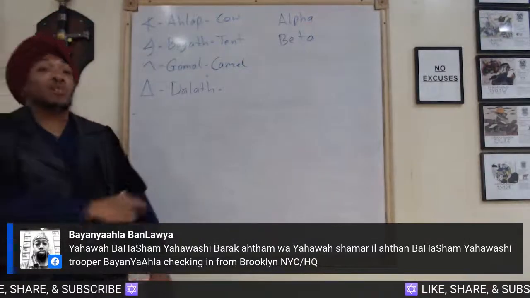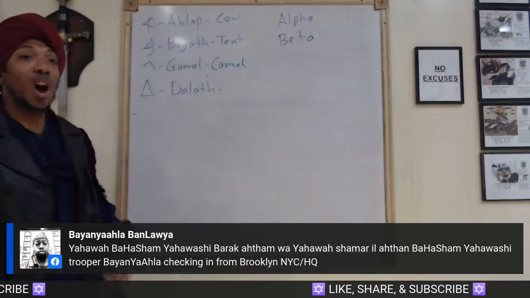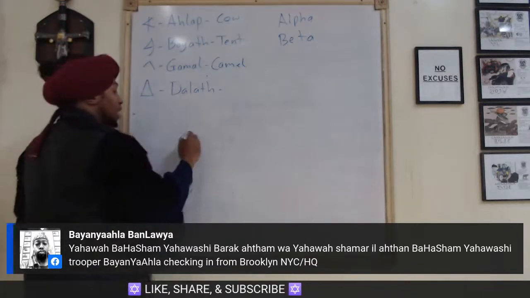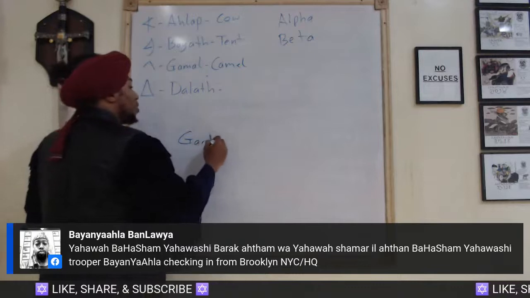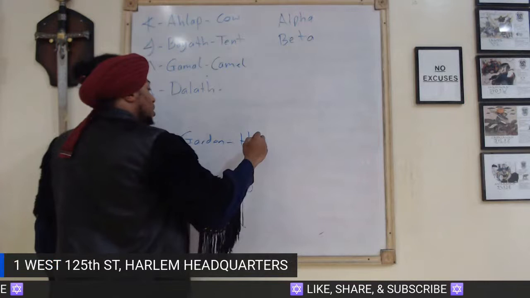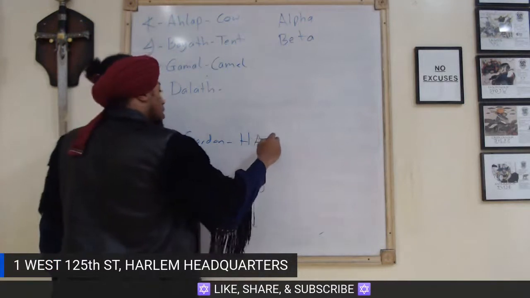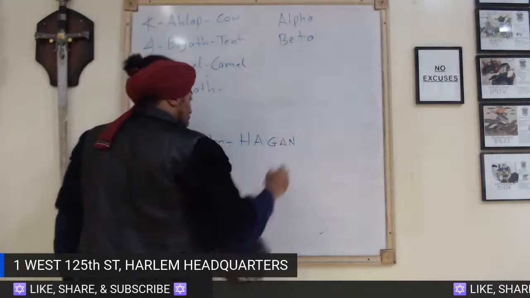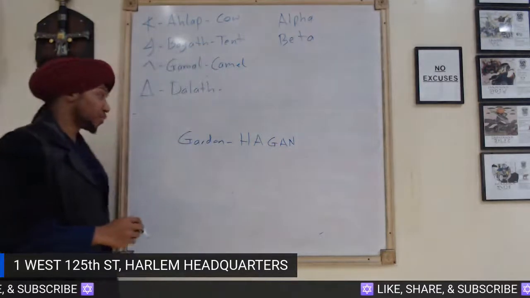Now the garden is the garden of Eden. The garden in the Hebrew is ha gan. That's a garden in Hebrew.